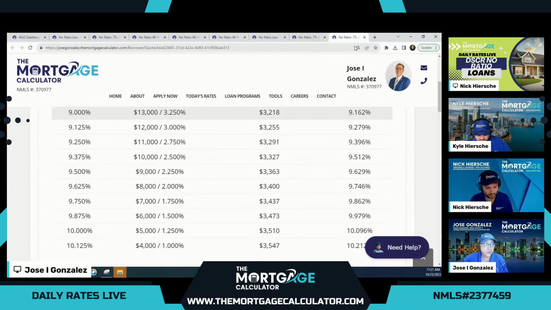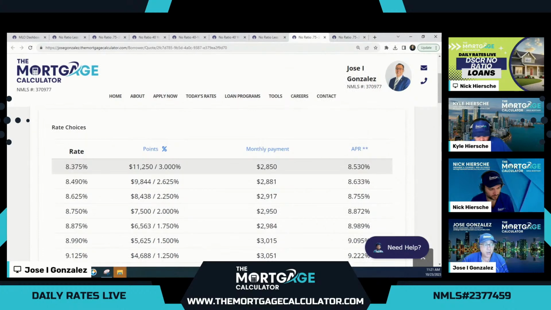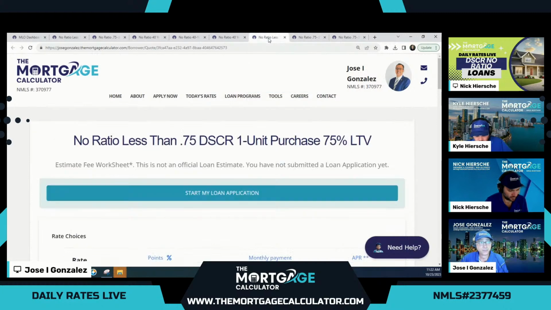So if I show over here this one, you're looking at about 9.125 at the same cost that the 75% LTV has, 8.375 as the rate. So again, just that we can do this product is amazing, that we can offer this to a borrower, much less at these great rates.